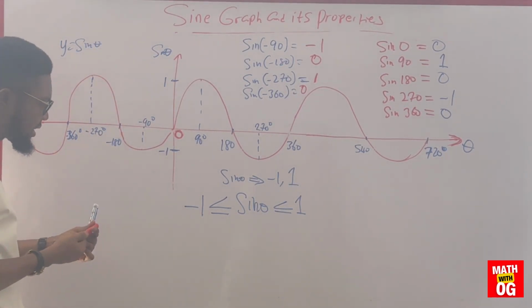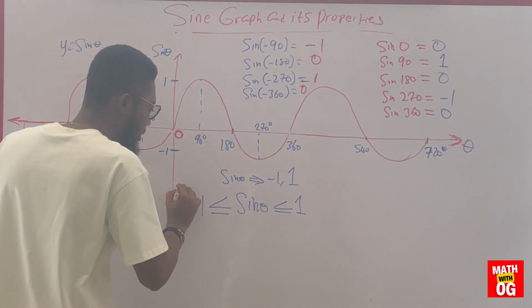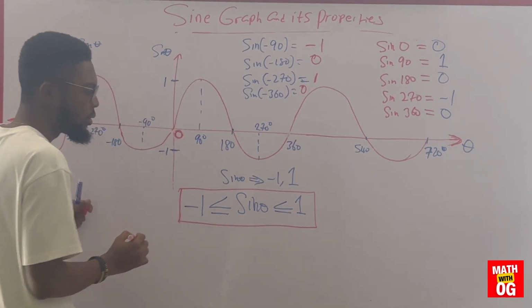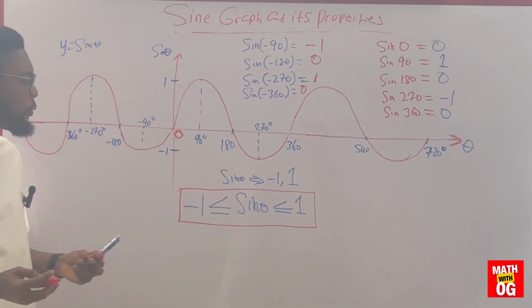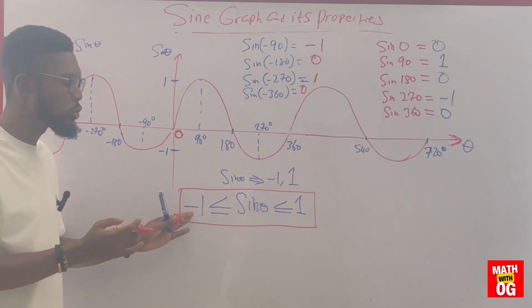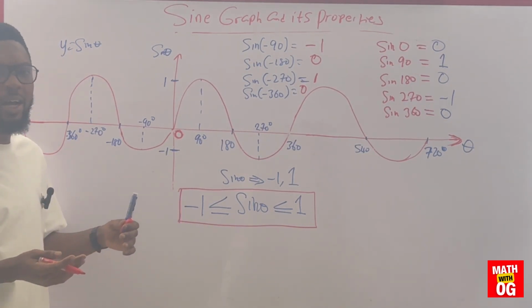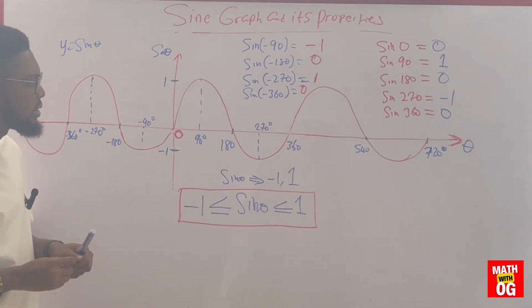Therefore, sine theta cannot take any real value that will give it a value greater than 1 or less than -1. So sine of any real number will always be between -1 and 1, or equal to -1 or equal to 1. It cannot be greater than 1. It cannot be less than -1. So that's one of the properties of sine theta.